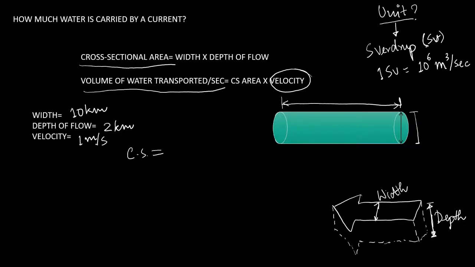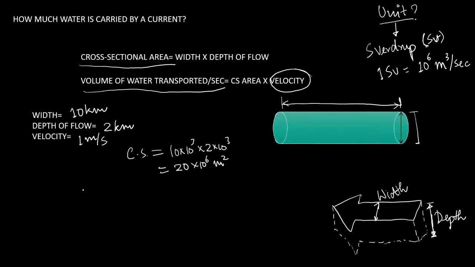Since the velocity is given in meter per second and one Sverdrup is in meter cube per second, we need to convert the width and depth of the flow to meters, not kilometers. So we will do 10 into 10 to the power 3 multiplied by 2 into 10 to the power 3. That becomes 20 into 10 to the power 6 meter square, which is the area of that current.